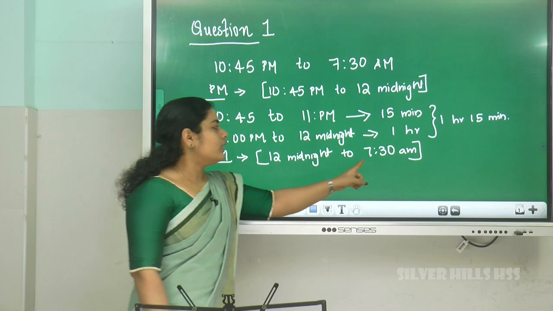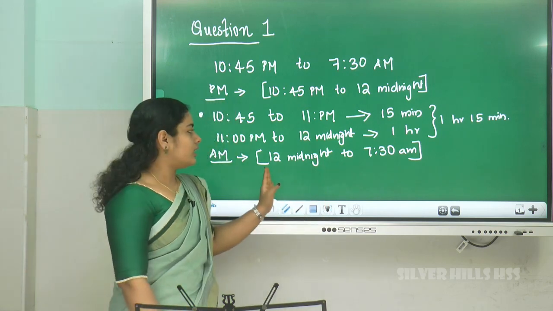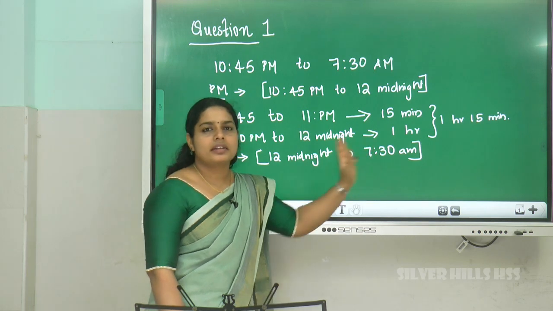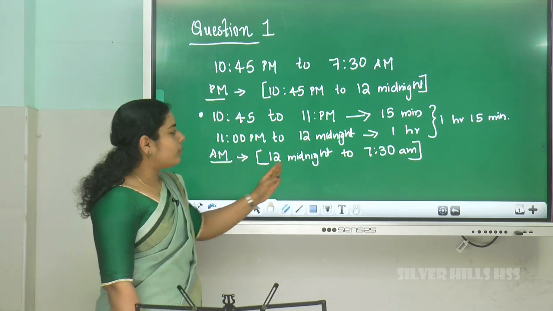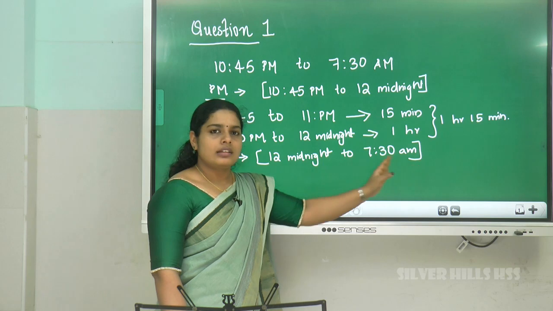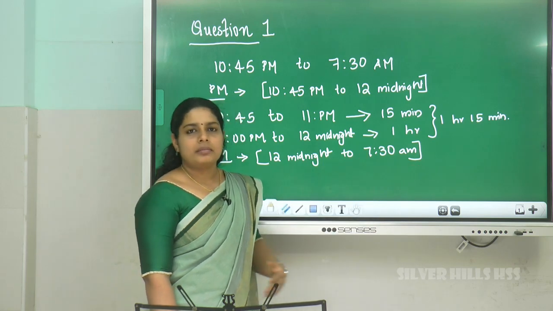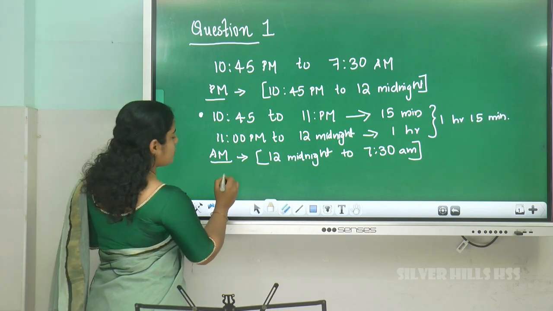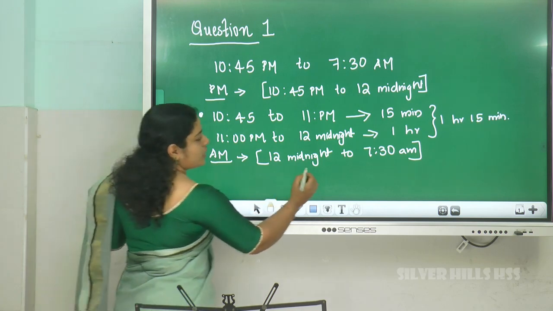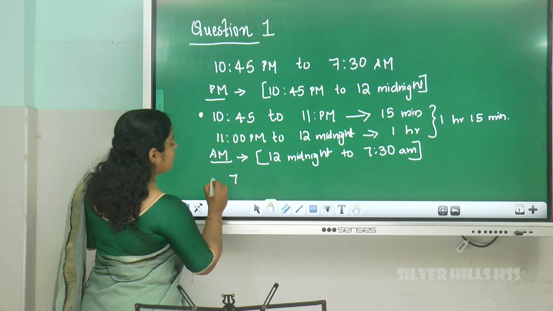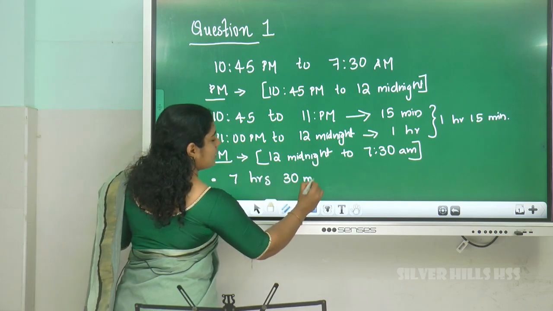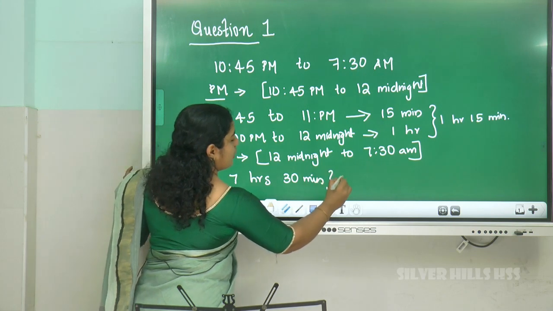It will be 7 hours and 30 minutes. If it is 12 midnight to 7:30, it will be 7 hours and 30 minutes only. If it is 12 midnight to 5:15, then it will be 5 hours and 15 minutes. No need of calculating the time. So, here the total duration will be 7 hours 30 minutes. This is the a.m. part.